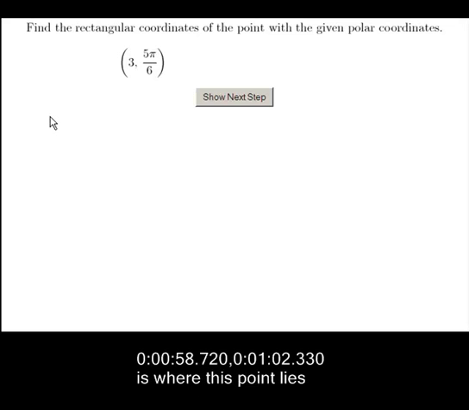And that is how you graph a point in polar coordinates.